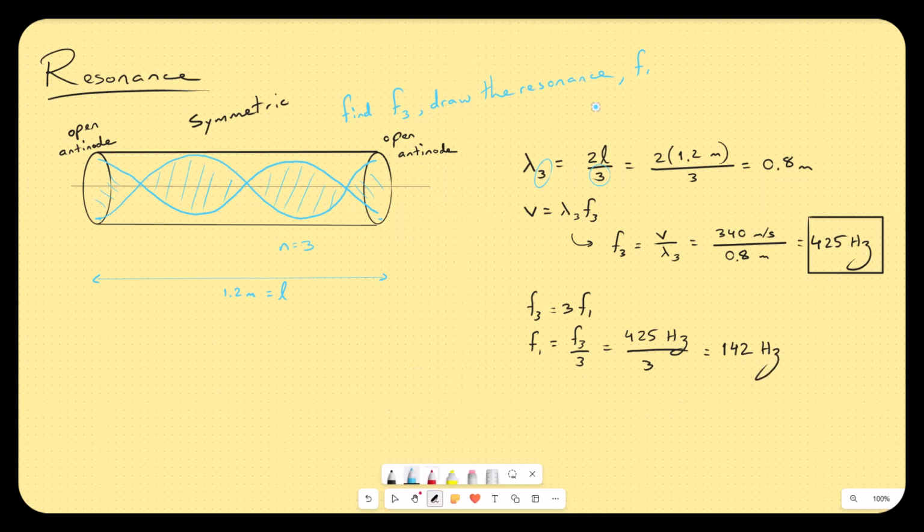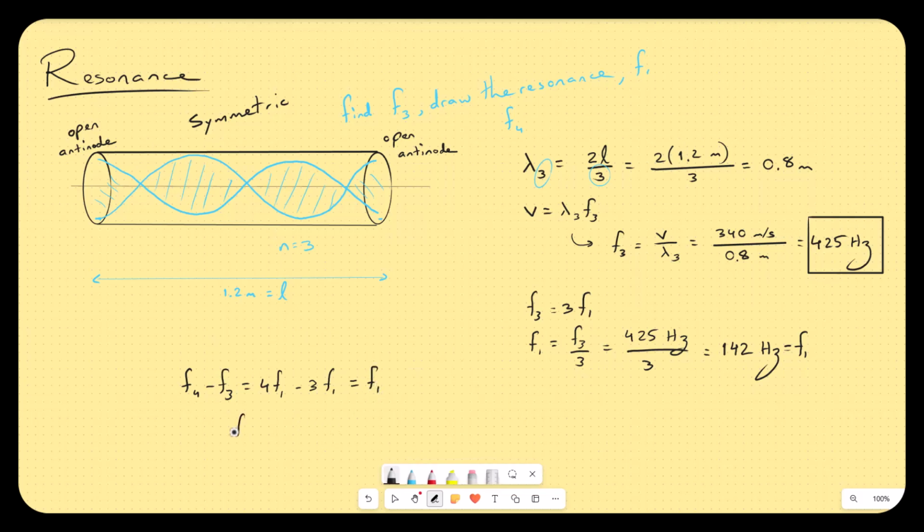Maybe then I also want to say, from my third harmonic, how much farther do I have to increase my frequency to get to my fourth harmonic? Or at what frequency do I find my fourth harmonic? And I can do that pretty easily too. If this is my F1, I know F4 minus F3 is equal to F1, because F4 minus F3 is 4F1 minus 3F1, which equals F1.